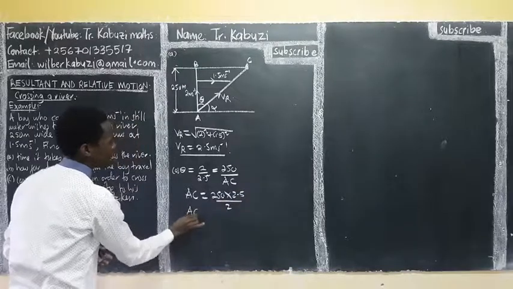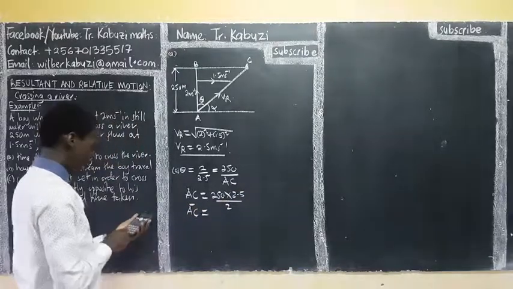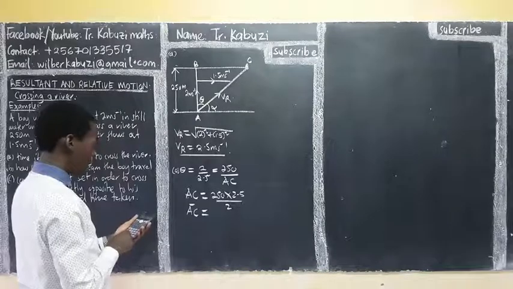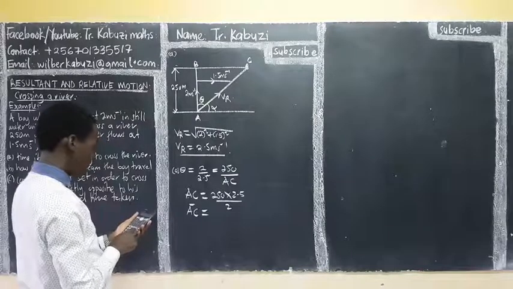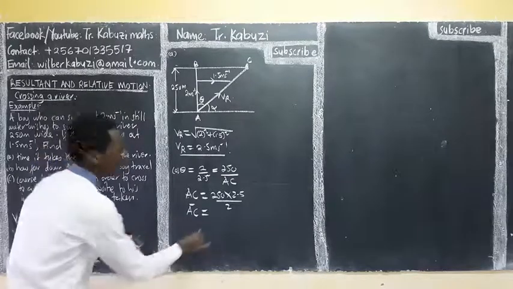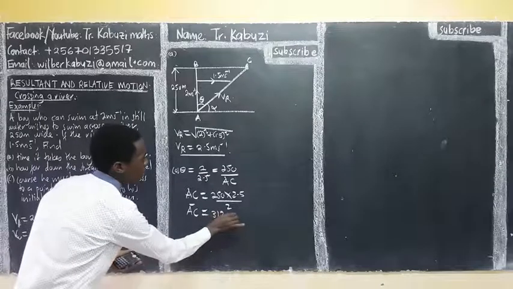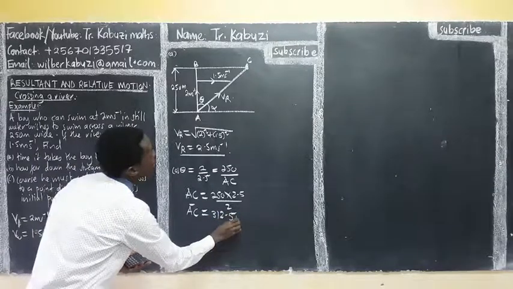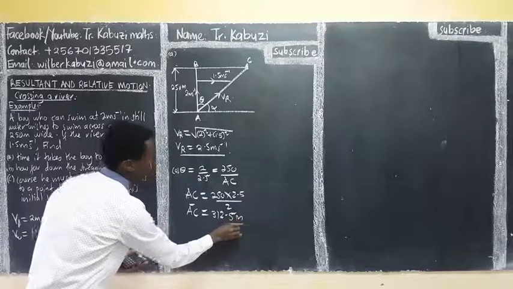So my distance SC is going to be 312.5 meters. So that's my SC.